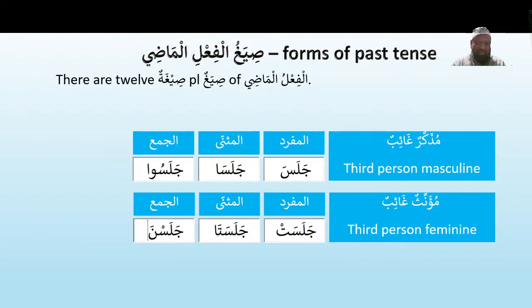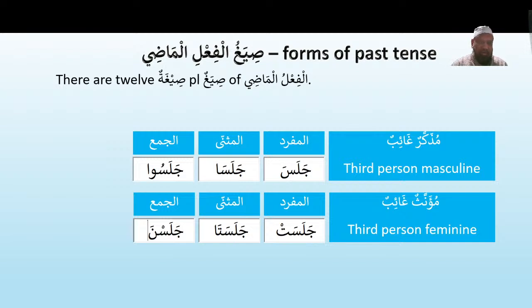So we've added ألف الاثنين to make the الفعل الماضي dual. We've added واو الجماعة to make it فعل ماضي plural مذكر. We've added نون النسوة to make it جمع مؤنث غائب.